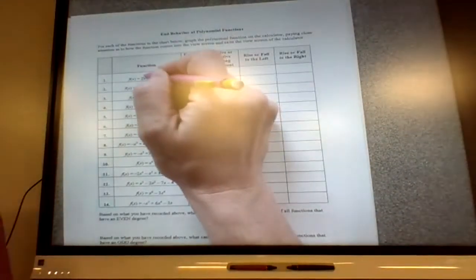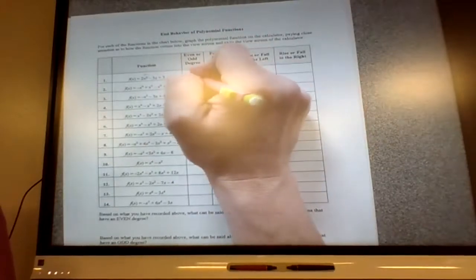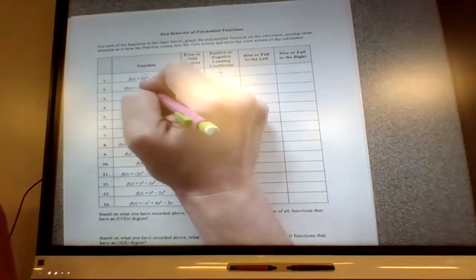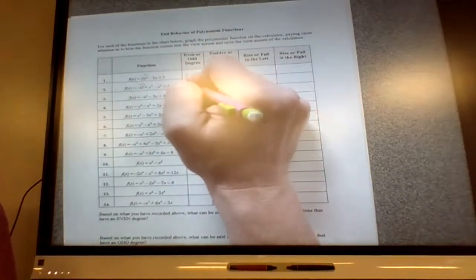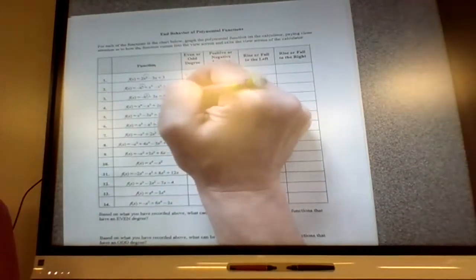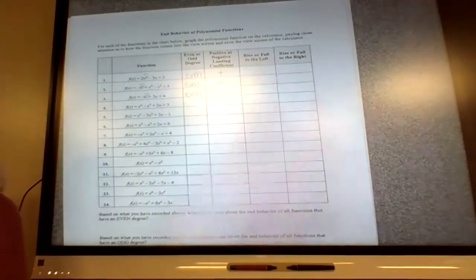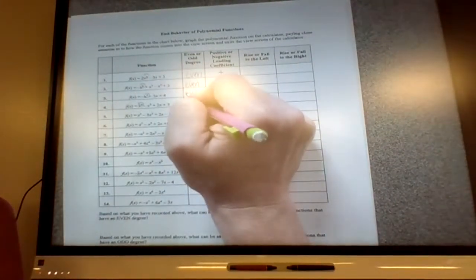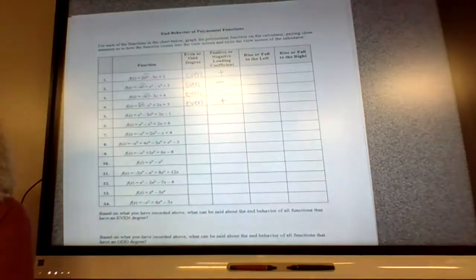All right, so this is even with a positive lead coefficient. This is even with a negative lead coefficient. Even, negative. Even, positive.